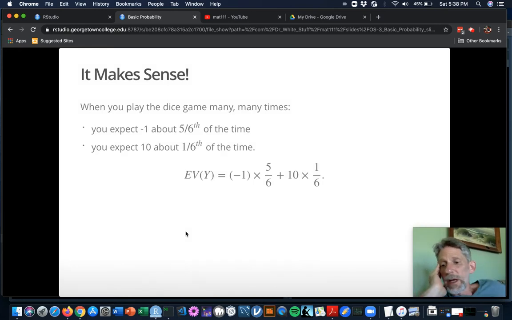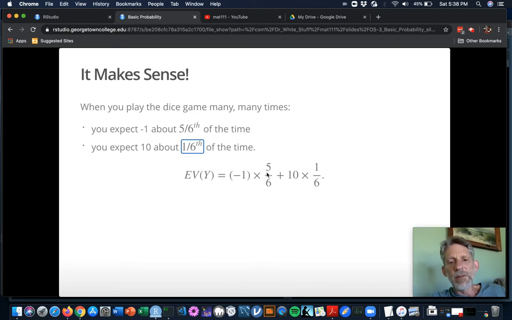I just want to stress, again, how much sense it makes that this formula gives you the expected value. Because if you play the game many times, since there is a 5/6 chance of losing the dollar, you expect that -1 about 5/6 of the time. Since there's a 1/6 chance of getting the 6th spot, winning the $10, you expect a 10 about a 6th of the time.